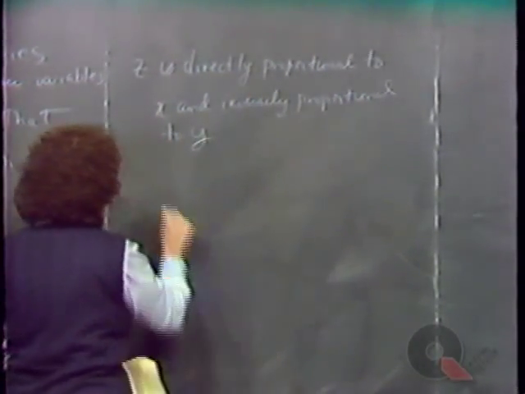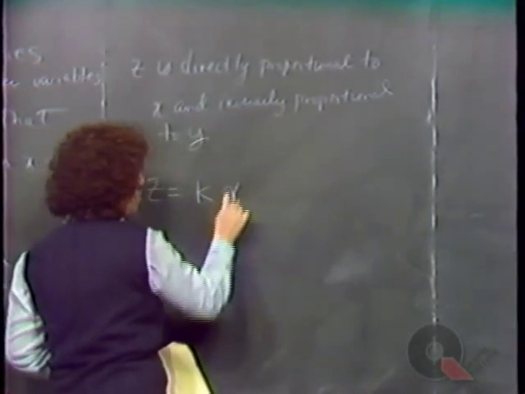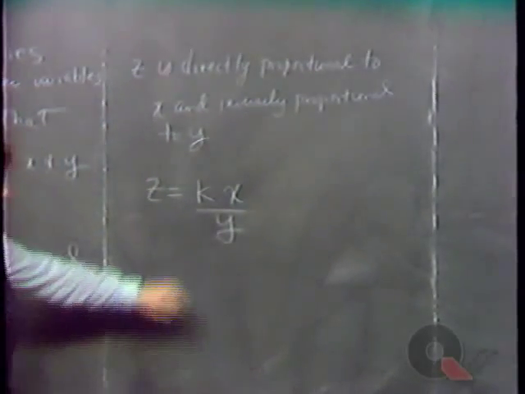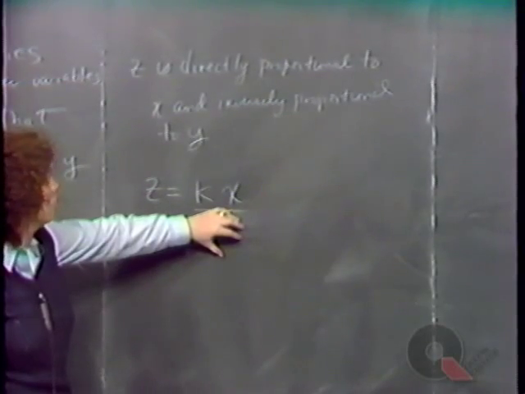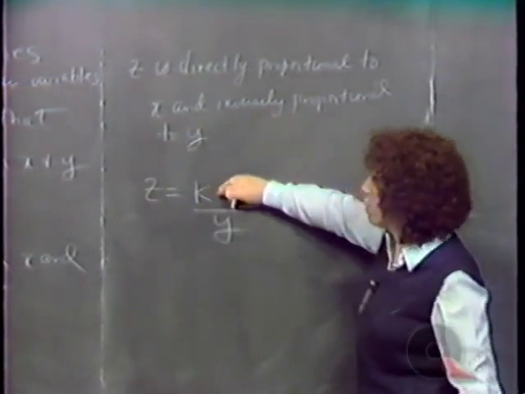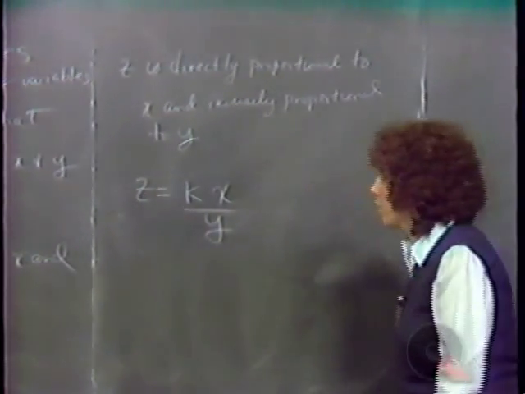And we would write that z is directly proportional to x and inversely proportional to y. In other words, we have here the direct relationship. Z is directly proportional to x. And if we block out the x, we see it is inversely proportional to y. And it can be done by means of one equation.